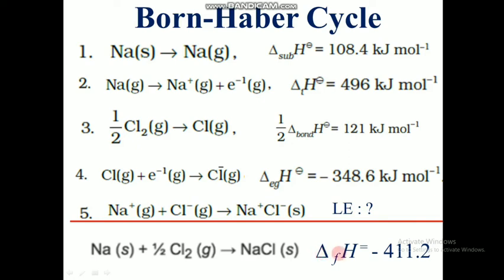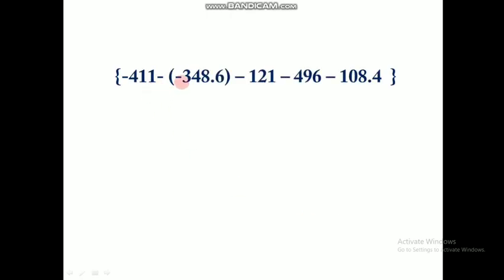So enthalpy of formation minus enthalpy of electron gain minus enthalpy of bond formation minus ionization enthalpy minus sublimation will give us the lattice enthalpy. Hence the value will be minus 411 minus of minus 348 minus 121 minus 496 minus 108.4. Hence we will get negative 788, and this is the lattice enthalpy.